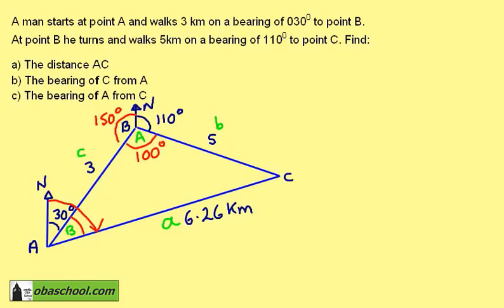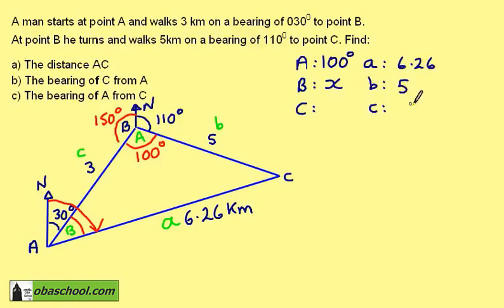We therefore need to calculate the angle B, and if we again list the information we know in the triangle: A is 100 degrees, side a we've now worked out as 6.26 kilometers, angle B is what we're trying to find, side b is 5, we don't know this angle, and this side c we know is 3.